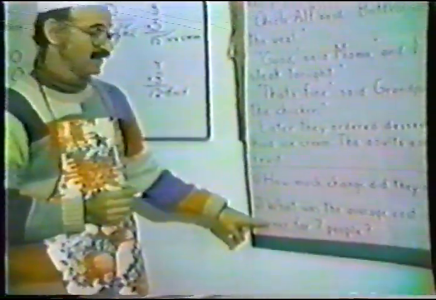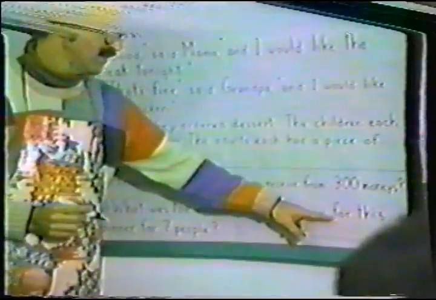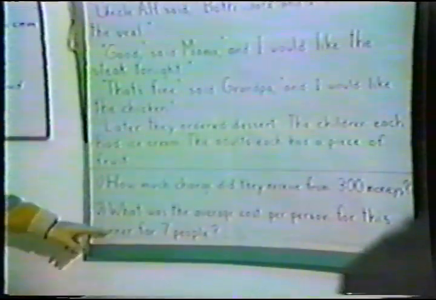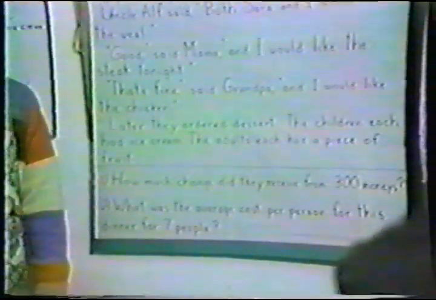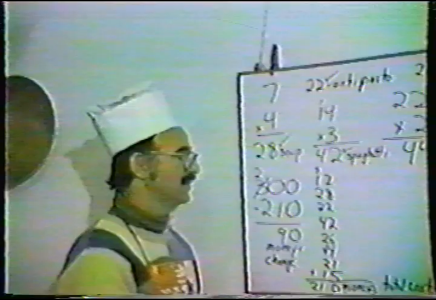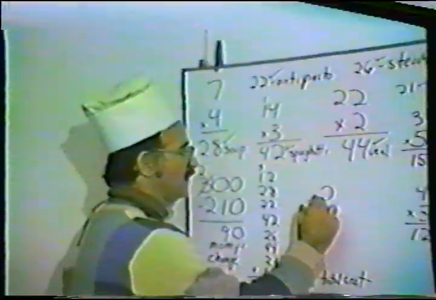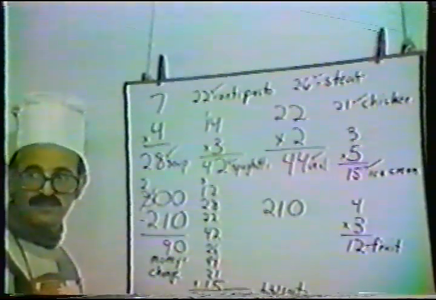Now, there's another question. Question number 2. What was the average cost per person for this dinner for 7 people? Well, first we have to know the total cost. How much was the total cost? 210. And what do we have to do with that total cost?